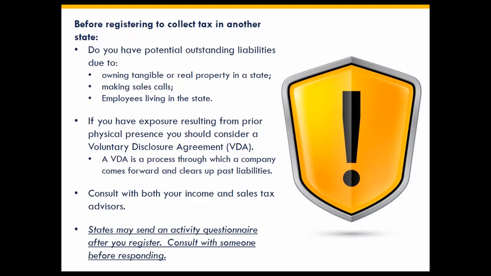Have you had salespeople in our state? Have you resolved warranty issues in our state? Have you been here doing things? And if you say yes, and you're already registered, likely what will happen is they will come back with a nice letter and say, please file sales and income tax returns for the past 4 years because you said you created that connection with us by doing these things 4 years ago.